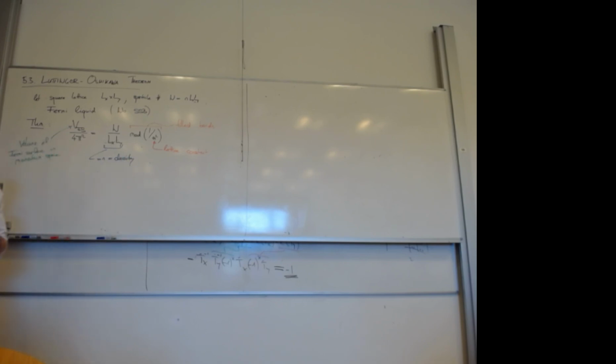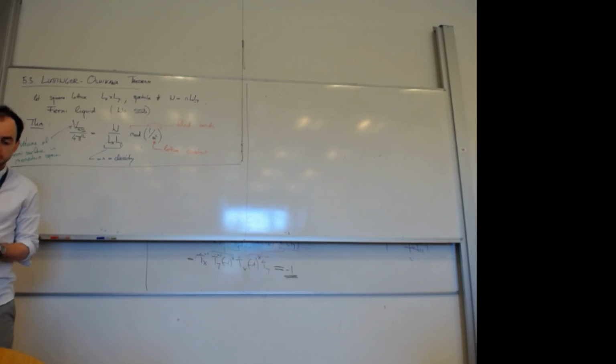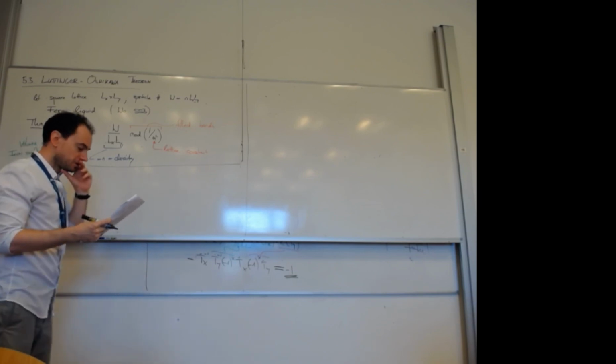Of course I'm not going to be super rigorous, but I'm giving you the argument of the proof by Oshikawa. So this is the proof. It's a flux insertion argument. You consider a cylinder and you insert a flux into the cylinder.